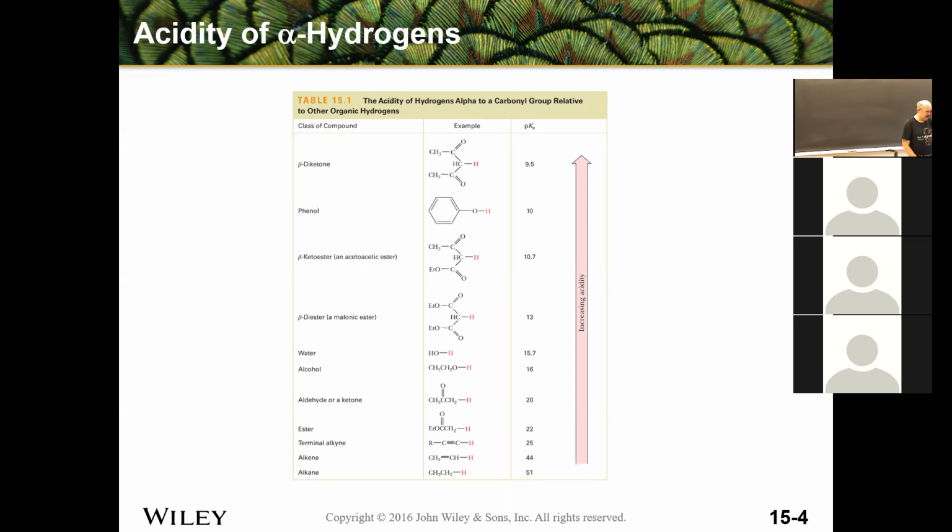Okay, so here's a table of relative acidities. Okay, I'm going to start down here at the bottom. Okay, remember each one of these is a power of 10. So alkanes and alkenes, 40 to 50. Terminal alkynes will be about 25.